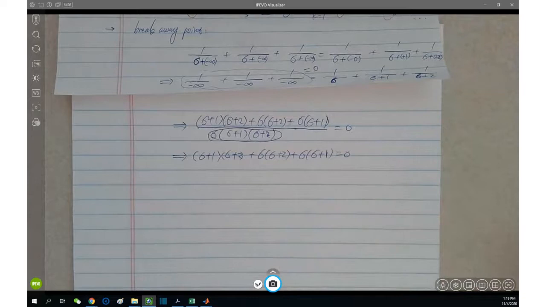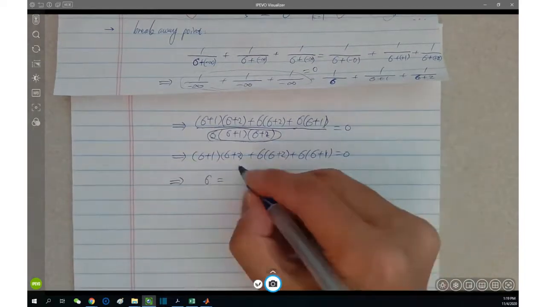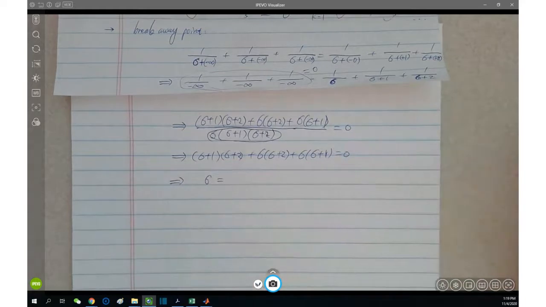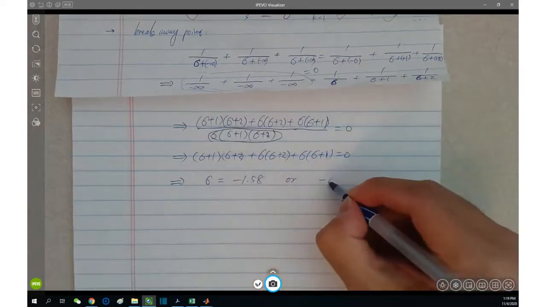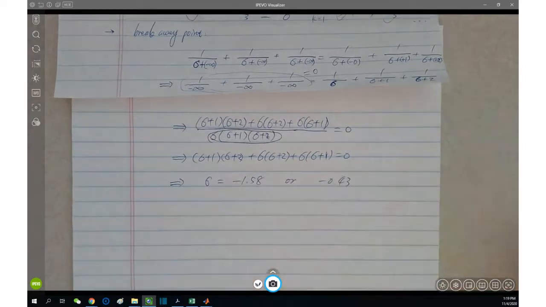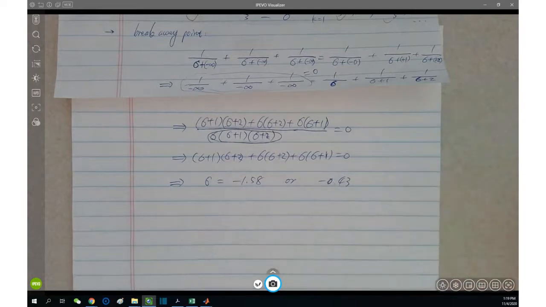From which you can tell it is a quadratic equation of sigma. Therefore, your sigma is going to equal 2 values. This quadratic equation is very easy to solve, and the result is negative 1.58, actually. A little bit off from 2. Such rounding is acceptable. That's fine. And then the next is, which is the one we should use and why?